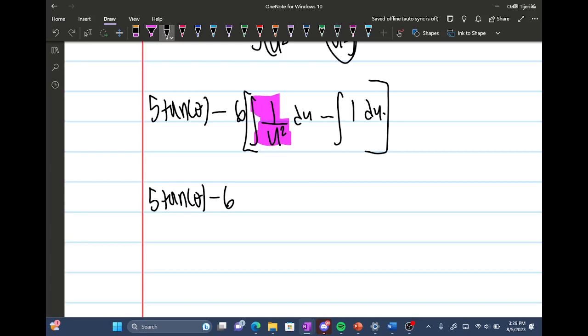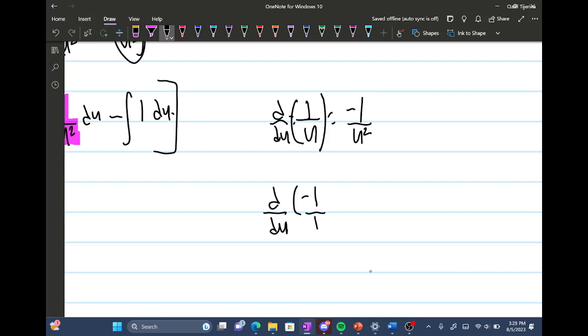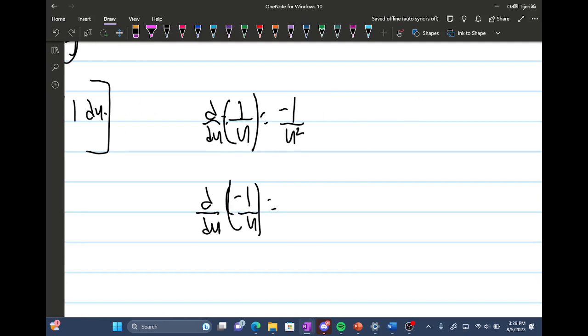Well, if you think about it, the derivative of 1 over u is negative 1 over u squared. If we do the derivative of negative 1 over u, if you just do power rule here, it's going to be negative u to the negative 1.